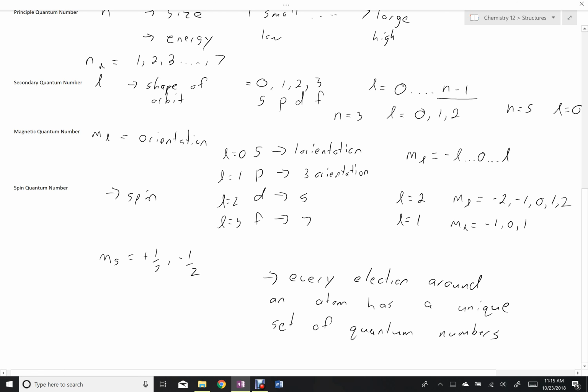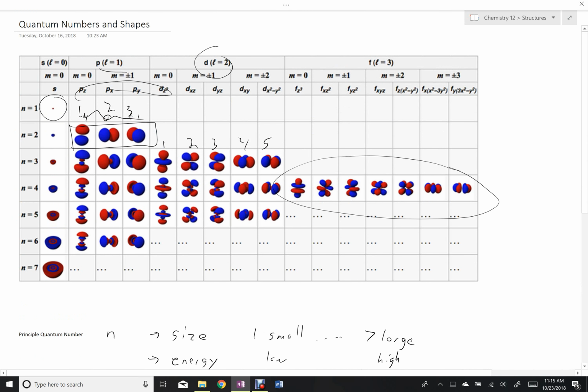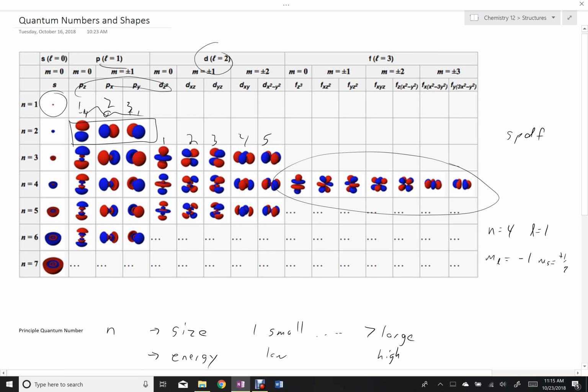So let's look at these quantum numbers. Let's make up some values, and then we can see how the quantum numbers correspond to our notation, s, p, d, f, and which one of these that actually corresponds to. So let's just say, for the sake of an example, that n equals 4, l equals 1, ml equals -1, and ms equals +1/2.